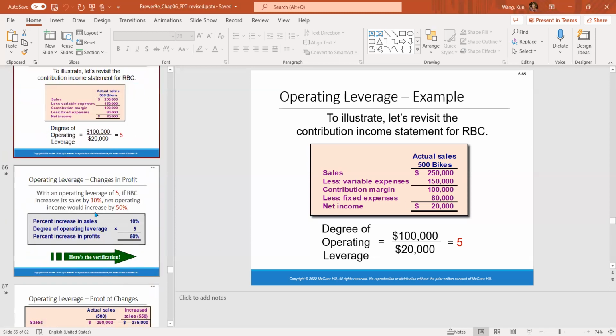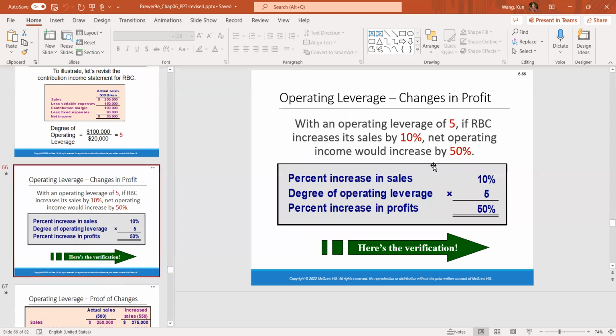So now let's verify this prediction. As we just explained, the usefulness of this operating leverage is that if, for example, we can increase the sales revenue for the future by 10%, then the net operating income will increase by 50% for sure, without you computing the net income for the 10% more sales revenue.